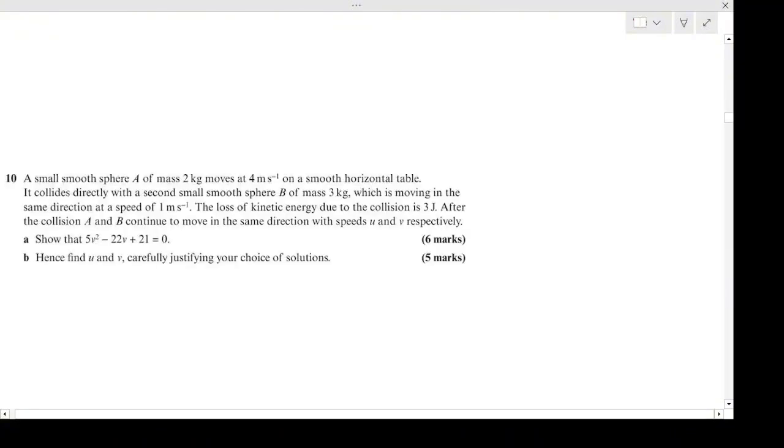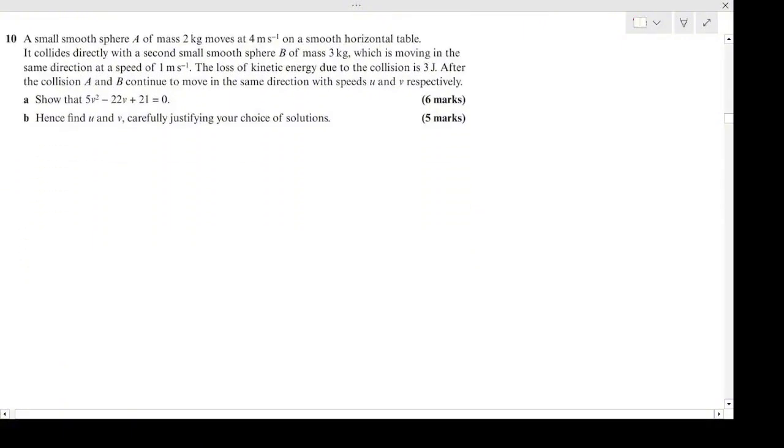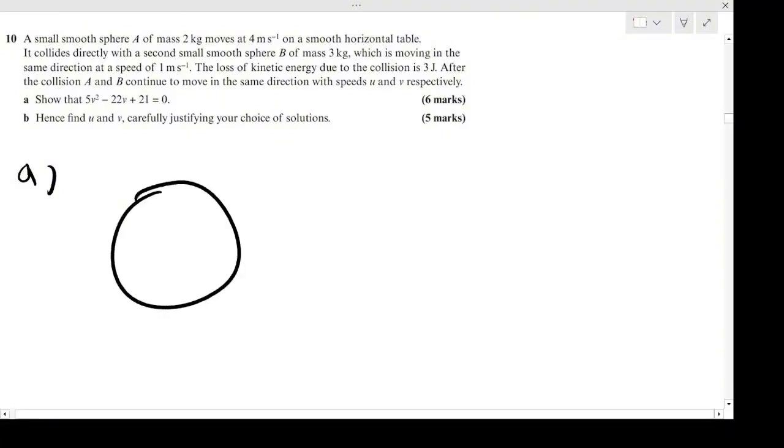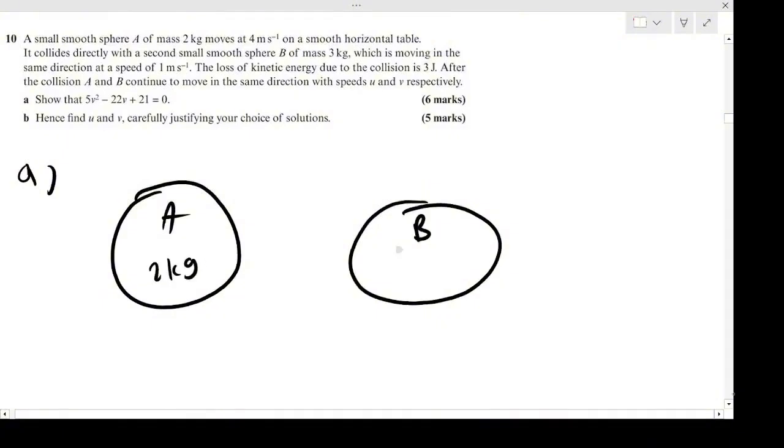Okay. So now we're told this. Firstly, we need to get this quadratic here. Obviously, I have no idea how we're going to get to that, so we're just going to do our normal procedure and hopefully end up with that equation. So again, if I first draw my diagram out, I have A and B. Again, the same steps. A has mass 2, B has mass 3.